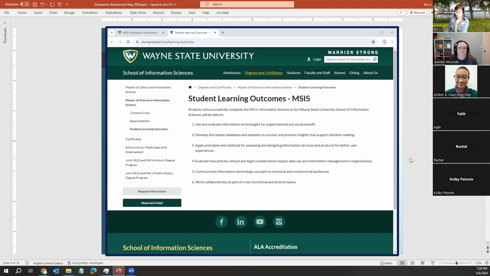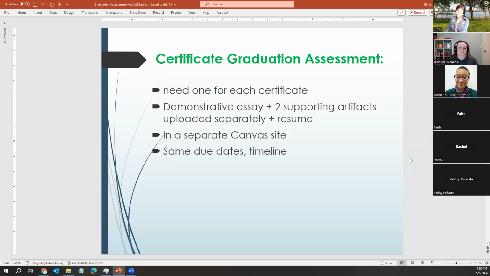So that's the MSIS. And for the certificate graduation assessment, there's no change. If you are getting a certificate, you also need to do this graduation assessment. It's a graduation requirement. So if you are getting your master degree and the certificate, you need to do both.